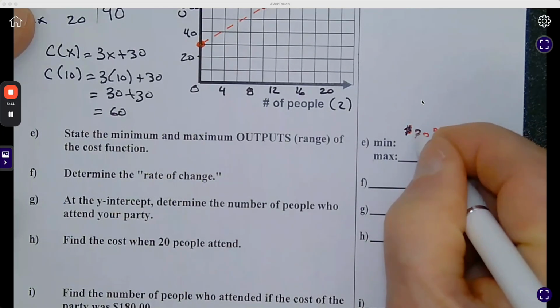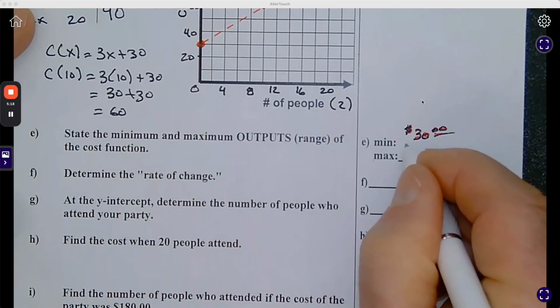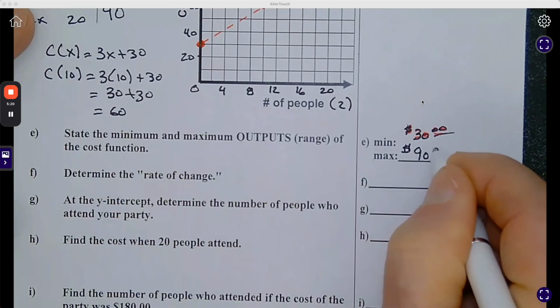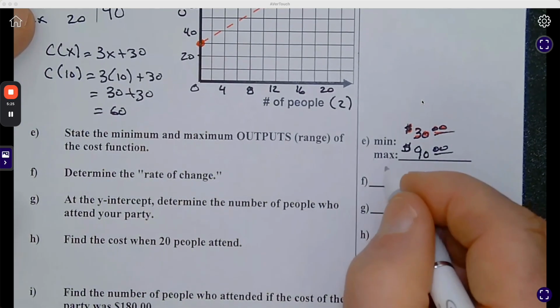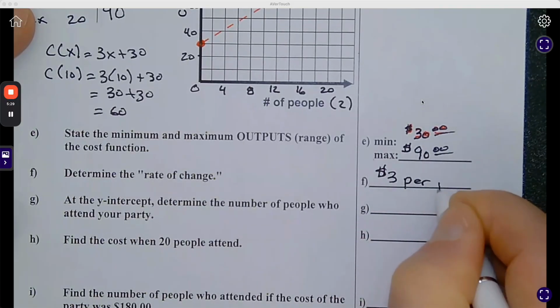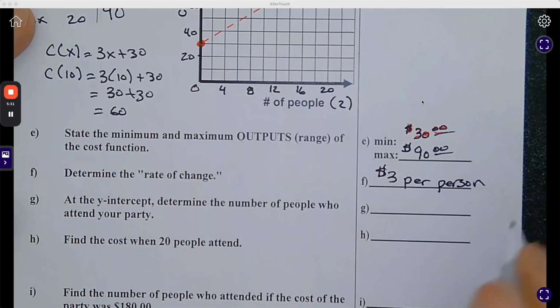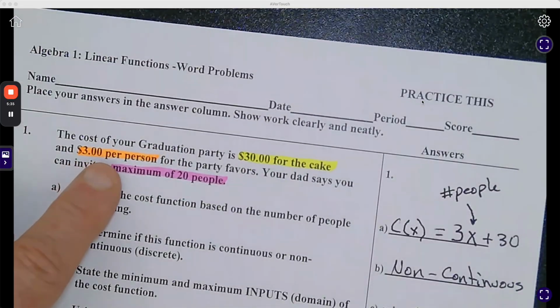So you still got to pay for that no matter what. The maximum is if all 20 people show up that you invited, and that's going to be $90. The rate of change is $3 per person, right? It's in the problem. That's your rate of change. Notice the unit of measurement, $3 per person.